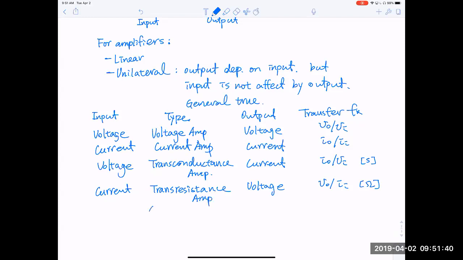Transresistance is sometimes, more frequently, actually called a transimpedance amplifier. Impedance is kind of a generalized resistance. It could include some imaginary part.